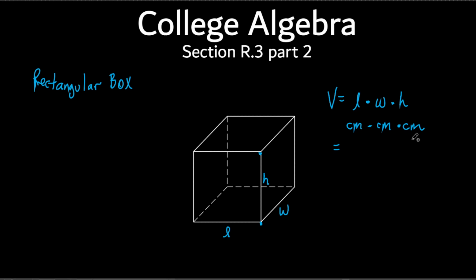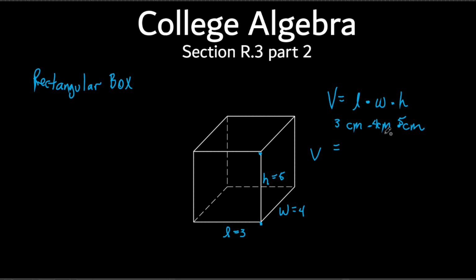If I multiply all those three together, what's my unit? For instance, let's say this was 3 centimeters, this was 4 centimeters, and this is 5 centimeters. We'll just make it kind of easy. Sorry, it looks a little ugly, but that's what I had to squeeze in. If we wanted to find the volume, you just multiply them together.